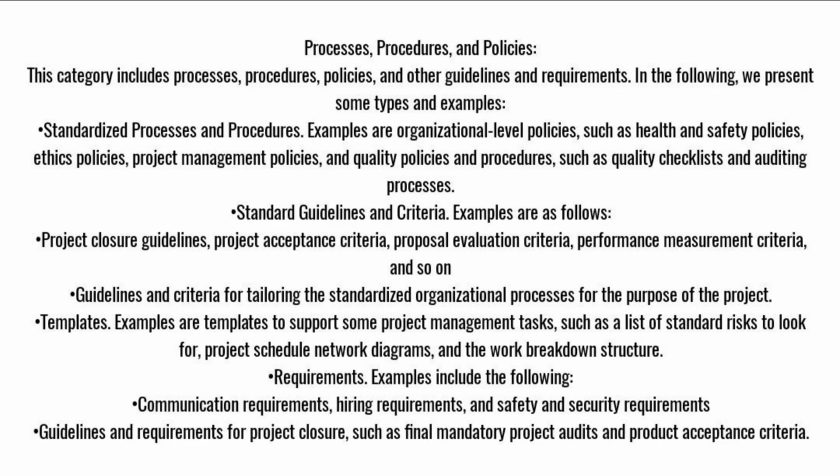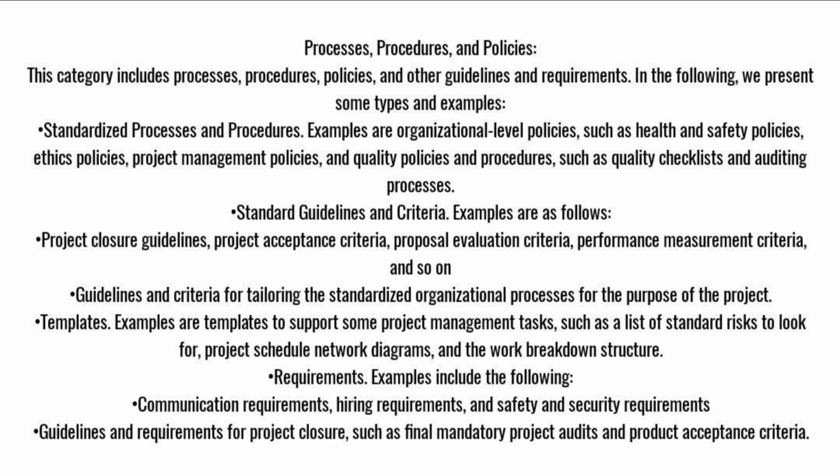Processes, procedures, and policies. This category includes processes, procedures, policies, and other guidelines and requirements. In the following, we present some types and examples. Standardized processes and procedures. Examples are organizational-level policies, such as health and safety policies, ethics policies, project management policies, and quality policies, and procedures, such as quality checklists and auditing processes.